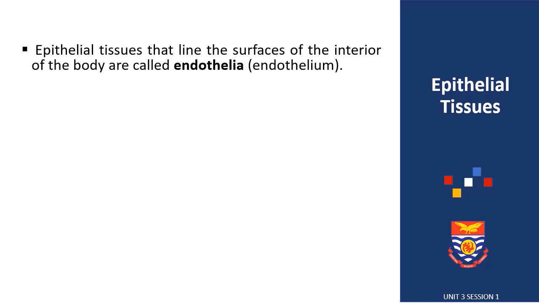Epithelial tissues that line the surfaces of the interior of the body are called endothelia, and the singular is endothelium. So these endothelia are found to lie on the surfaces of some body organs or internal cavities, such as the heart or blood vessels, it could also be the lymph vessels.